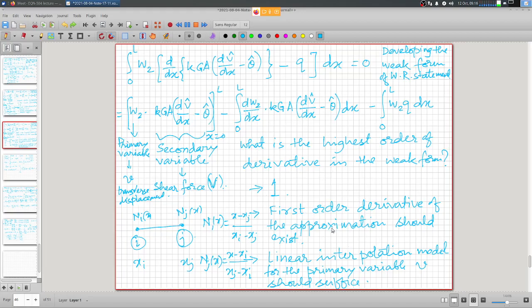And the inference drawn is similar in the sense that the highest order derivative is 1 and the primary variable is of 0th order derivative. The primary variable appears as a native variable without any derivatives. So C0 continuity of the primary variable is required, and since the first order derivative is involved, linear interpolation should be fine to begin with, right?